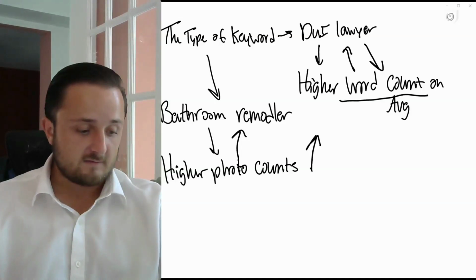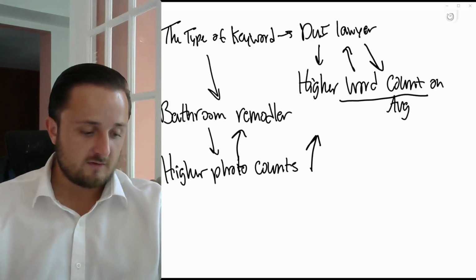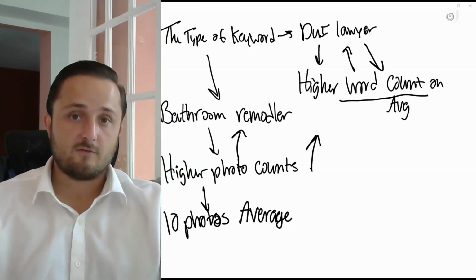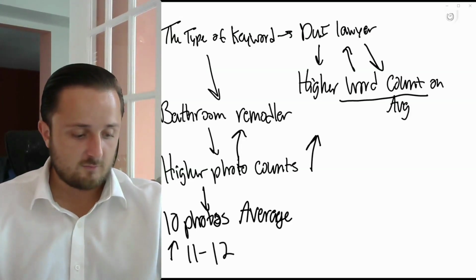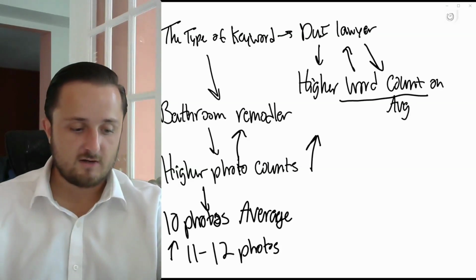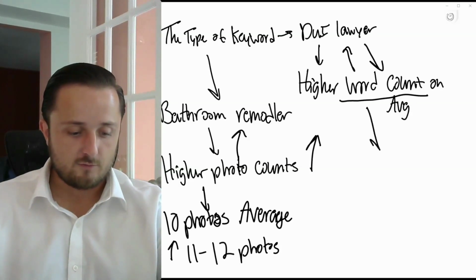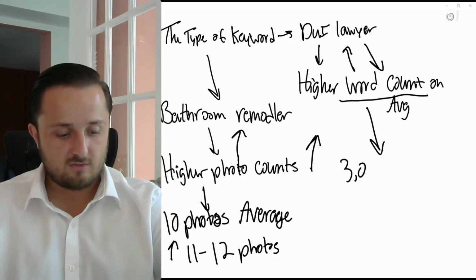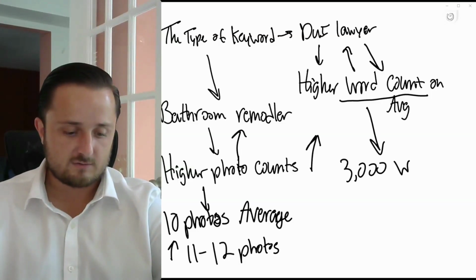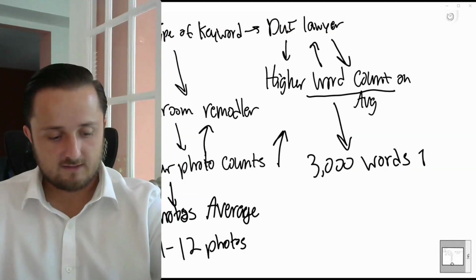So let's say that your competition uses an average of 10 photos. Then you need to beat them and get to 11 or 12 photos. Now, let's say you're going after DUI lawyer. Let's say on average, they're using 3,000 words on their pages. So then you need to slightly beat them.